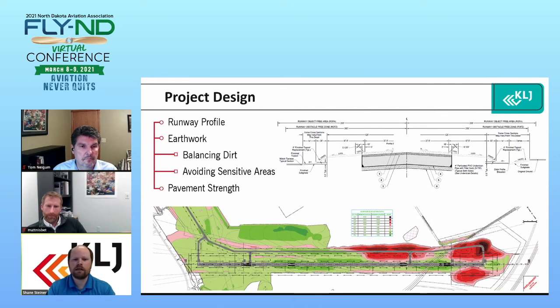After getting the preliminary surface model completed, we ran the hydrology and found out we needed 3 detention ponds for the site in order to meet the runoff requirements of the city, and also to meet the 48-hour requirement for the FAA, making sure the surface water was leaving airport property.